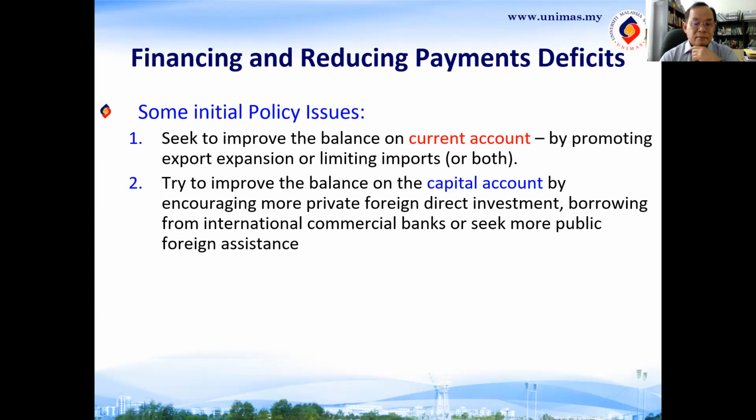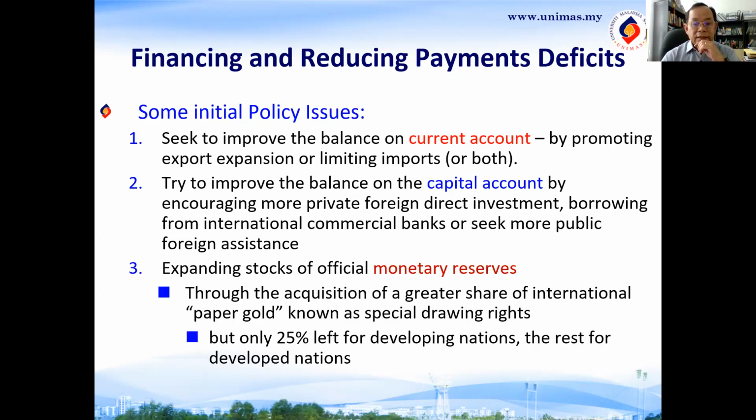And the other is through a spending of stocks of official monetary reserves. In other words, to increase the monetary reserves, the third account. Through what? Through the acquisition of a greater share of international paper gold, known as the special drawing rights.